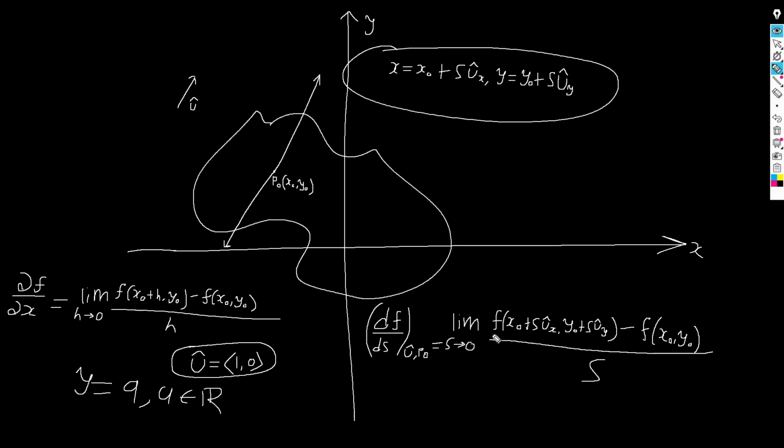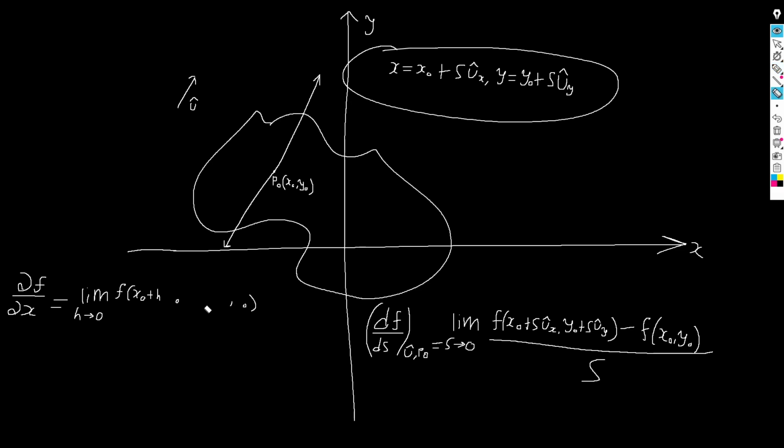So ux here is going to be 1, and since the x component is already 1, we can just replace s with h. h doesn't have to be the arc length parameter, but h is basically an arc length parameter here because ux is 1. So this becomes x0 plus h, and uy is 0, so this just becomes y0, and we can replace this with h also because it's basically the arc length parameter. Alright, anyway, sorry for that tangent.